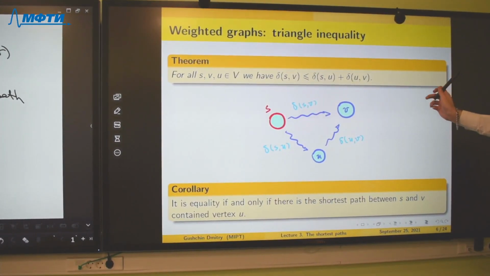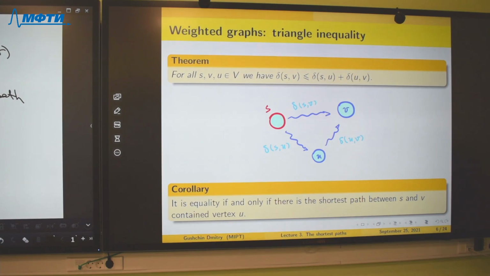Do you understand why, if we have the triangle inequality, we can say that the new number d of V will be bigger than delta from S to V?